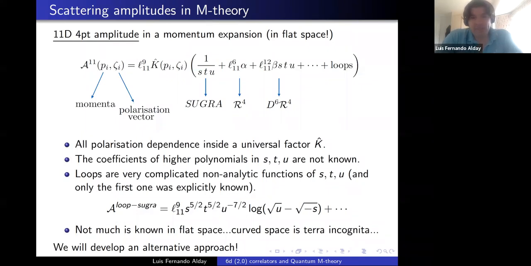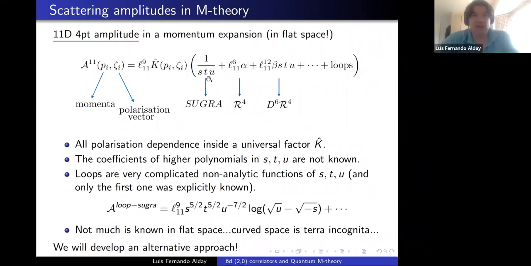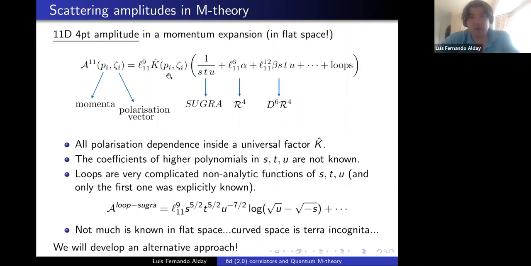So the idea is to try to learn about these terms in the 11-dimensional graviton scattering, and especially to try to understand what we get in curved space. And for that, we will develop an alternative approach. So any questions before I proceed?